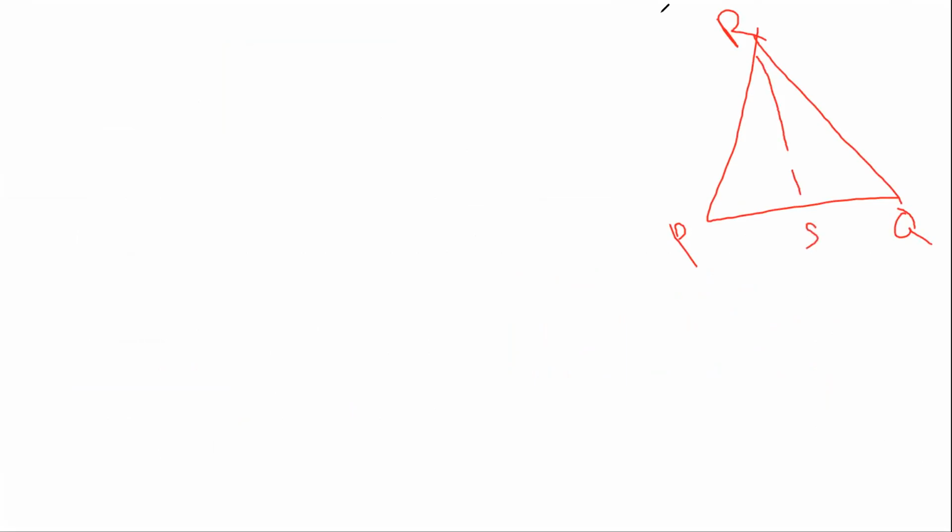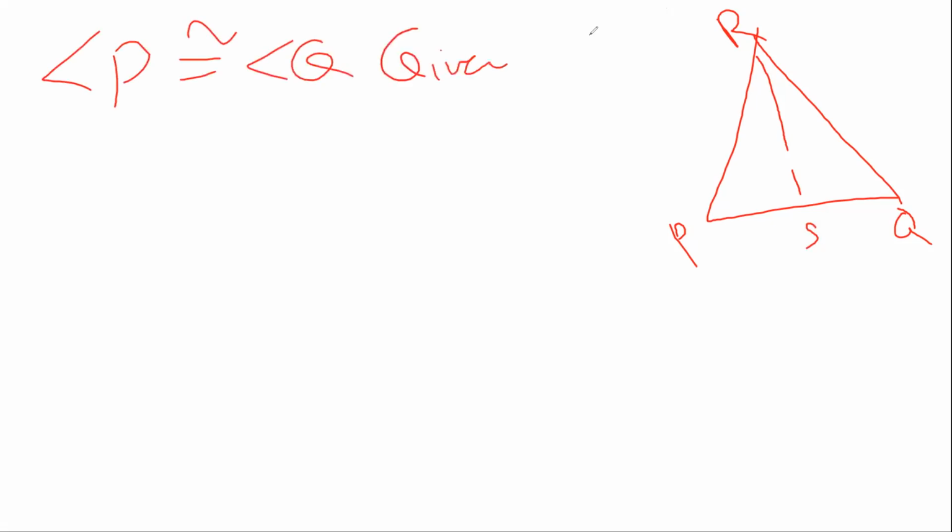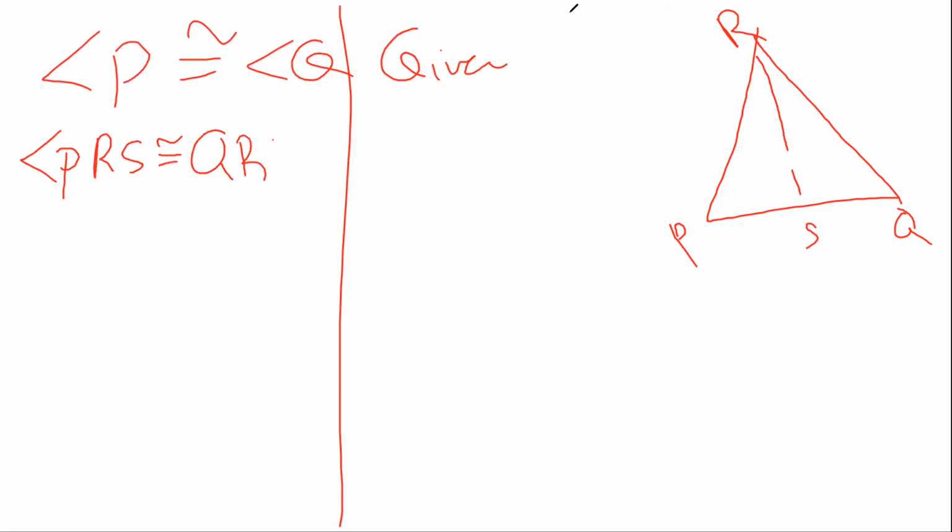Before that, we said that angle P is congruent with angle Q because it's given. Angle PRS is congruent with angle QRS because of what? Because the bisector RS cuts the angle PRQ.